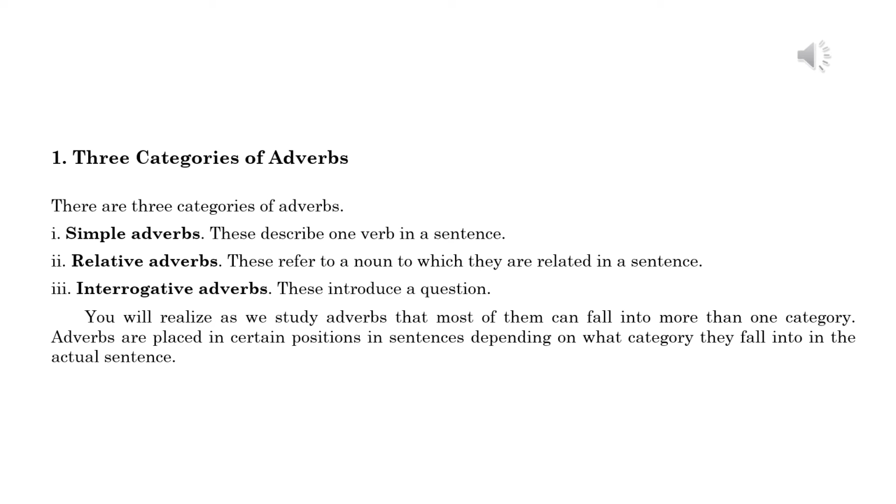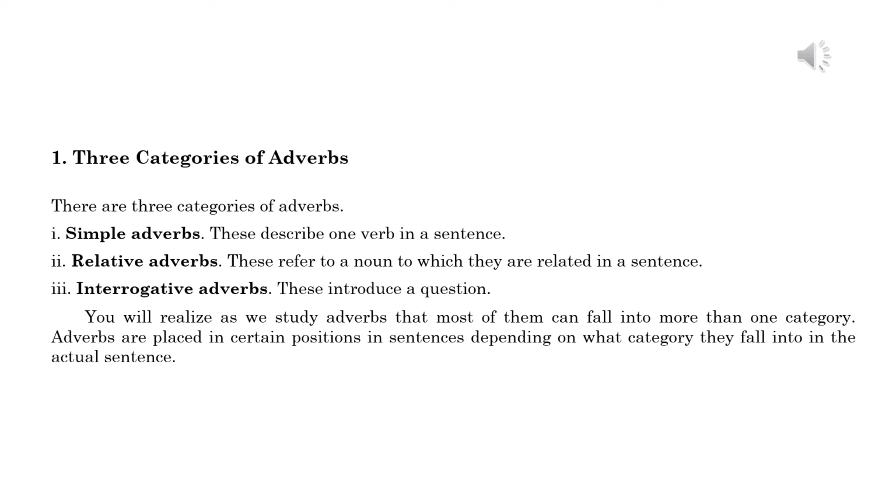1. 3 categories of adverbs. There are 3 categories of adverbs. 1. Simple adverbs. These describe one verb in a sentence. 2. Relative adverbs. These refer to a noun to which they are related in a sentence. 3.